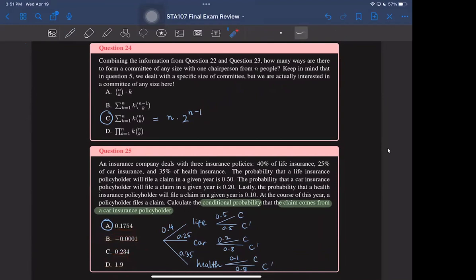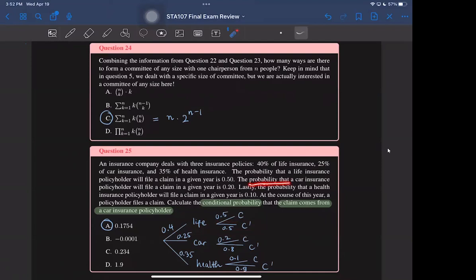Here, the question gives us that 40% belong to life insurance. So we have life insurance with 0.4. And then we have car at 25%, 0.25. And health is 0.35. Given that it is a life insurance holder, the probability that they will file a claim is 0.5, which means the probability that they do not file a claim is also 0.5.